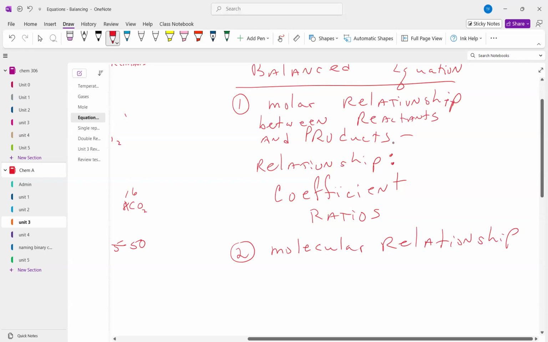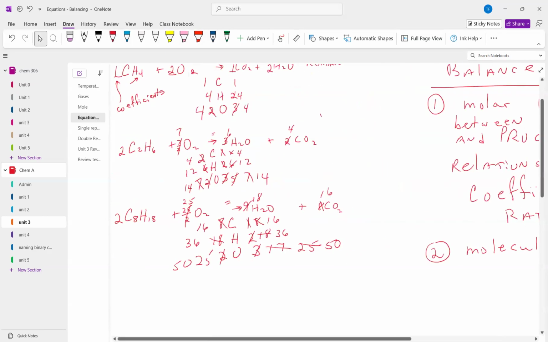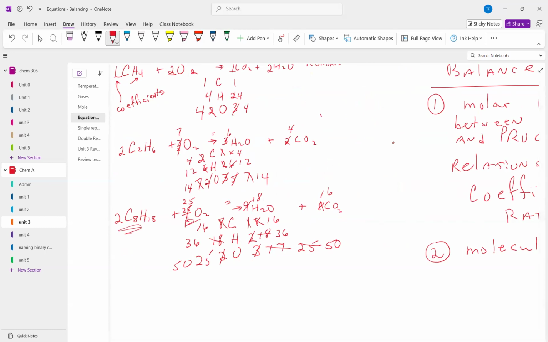So everywhere up here you have a mole, you can say molecule. That's why mole and molecule are so closely related. That's why they came up with mole from the word molecule. So we have 2 molecules of octane reacting with 25 molecules of oxygen, giving us 18 molecules of water and 16 molecules of carbon dioxide.